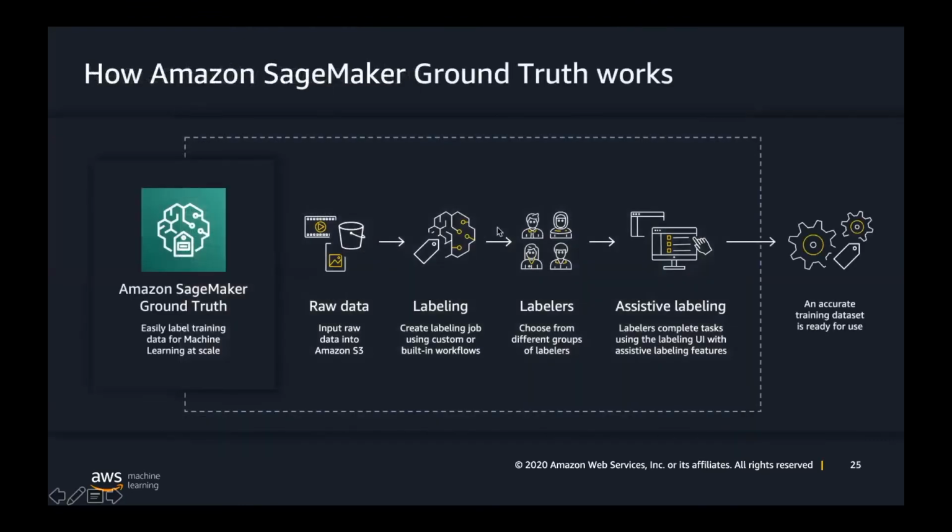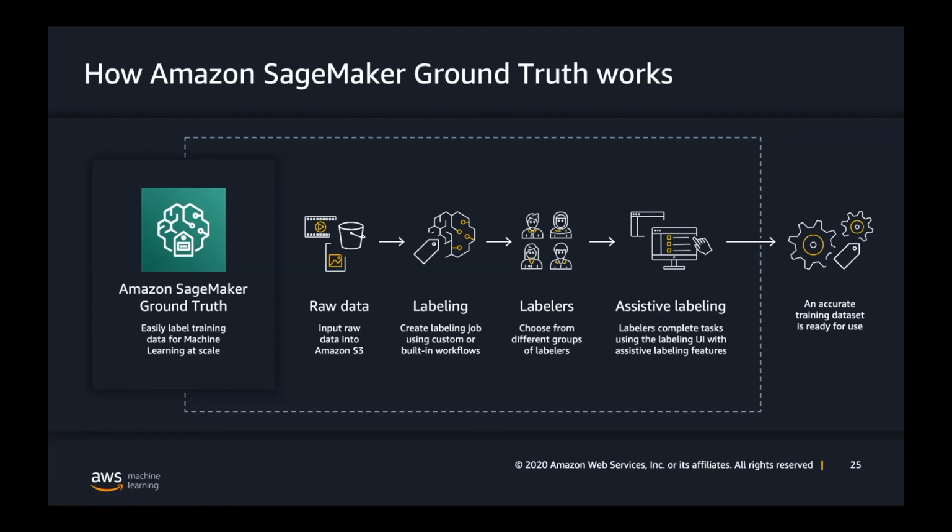So who are these workers? The workers or labelers can be people from Amazon. We call it Amazon Mechanical Turk. It can be third-party vendors that they can select from Amazon Marketplace, or it can be private groups that they define.